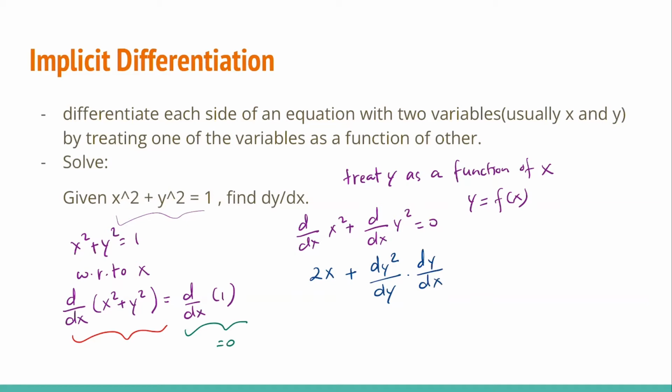And if you noticed, we are using the chain rule here. And that is going to be equal to 0. So 2x plus 2y times dy over dx equals 0.